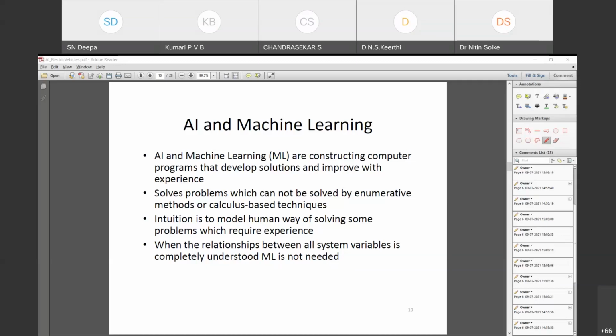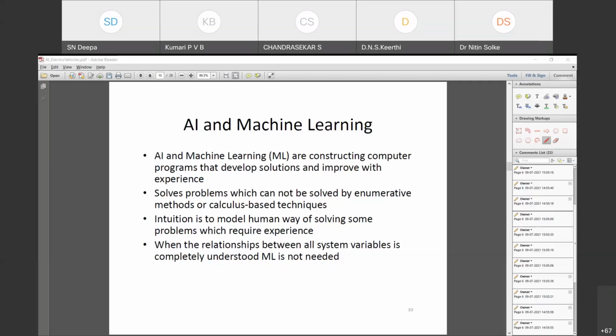If you see CDAC Thiruvananthapuram, you go and see the electric vehicle division. n number of people are there, working in power electronics, in motor side, in battery side, in automation side, in artificial intelligence side. CDAC, the Center for Advanced Computing, is more focused on electric vehicles.